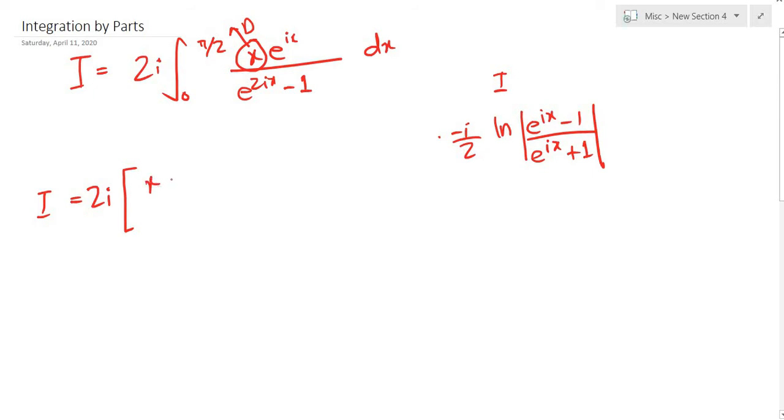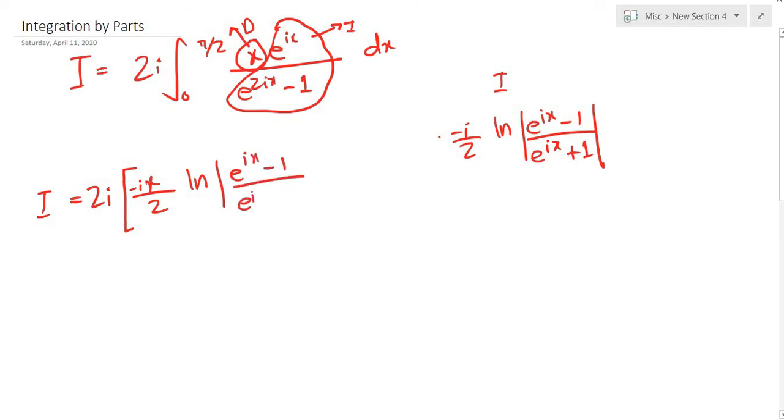So x times the antiderivative of what we're going to integrate, this other bit: negative i over 2 times the natural log of (e raised to ix minus 1) divided by (e raised to ix plus 1). And remember that we have to evaluate that from 0 to pi over 2.